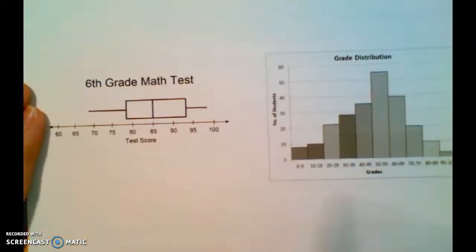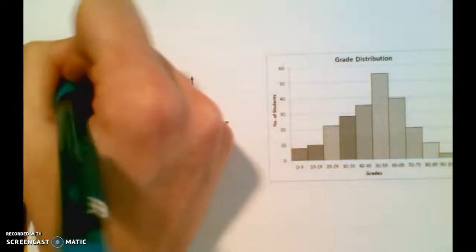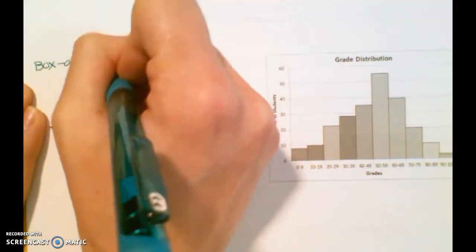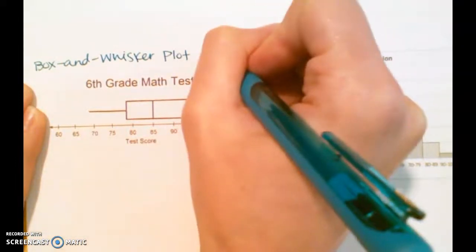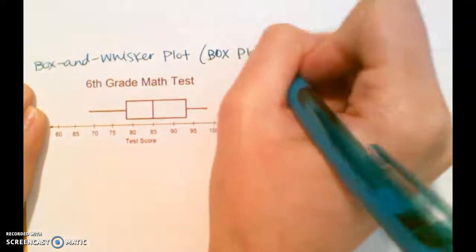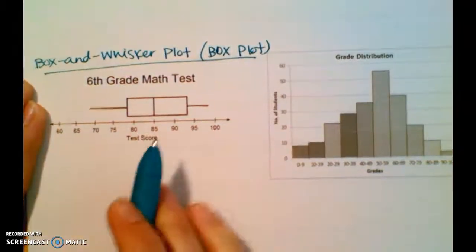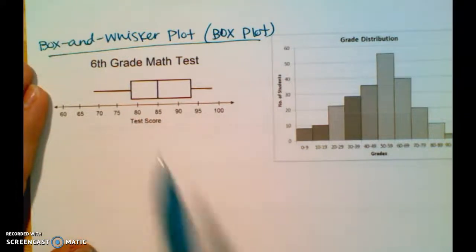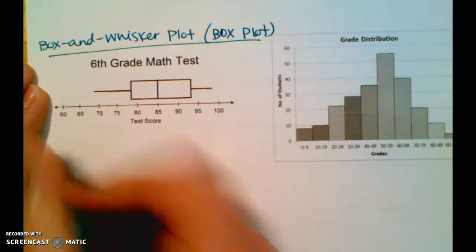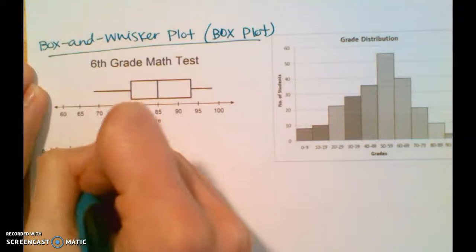Then the next one we have is a box and whisker plot. And this one is also just called a box plot. So either name means box and whisker. We'll be looking mostly at box and whisker today because this gives us a 5-number summary. So it tells us what the minimum number is.